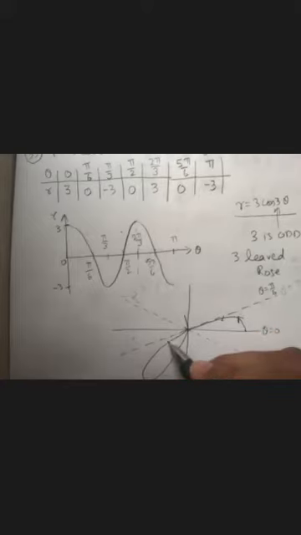So now we start with 3 when theta is 0. So this is theta equals 0, and we call this much as 3. So we start from here. When we move to pi over 6, we end up at 0.